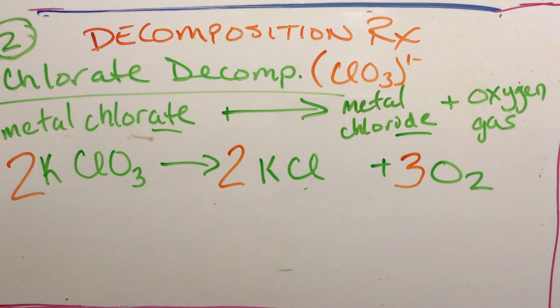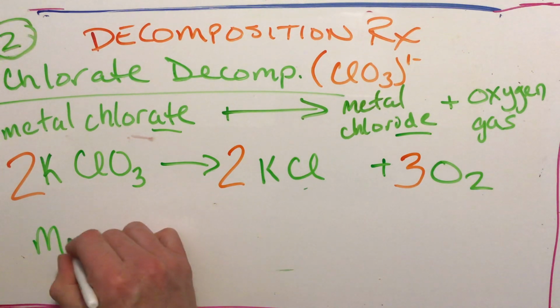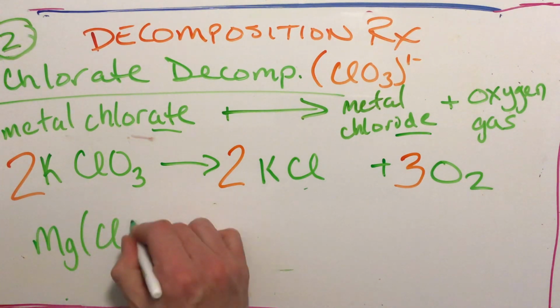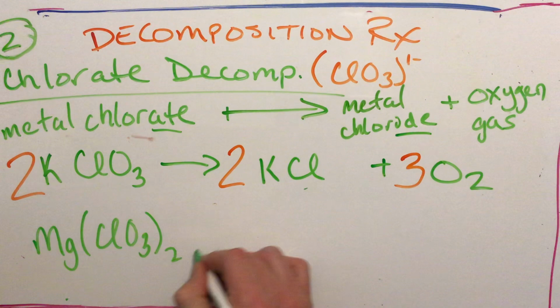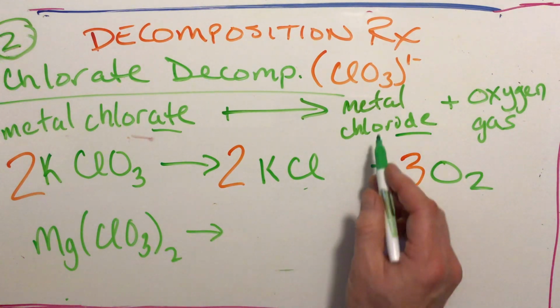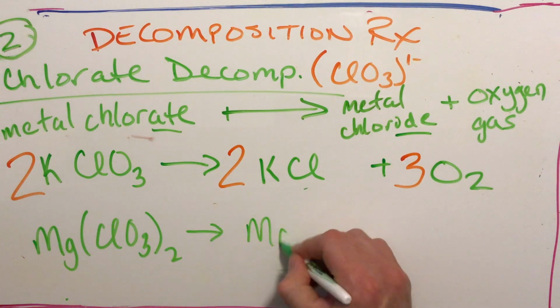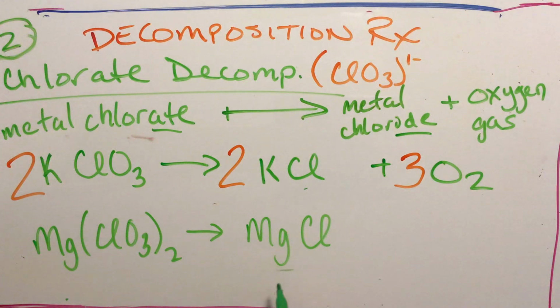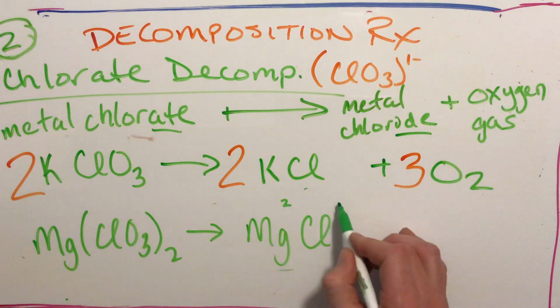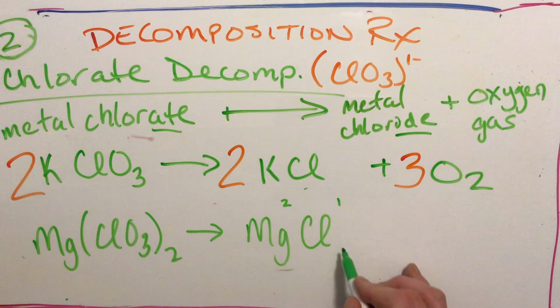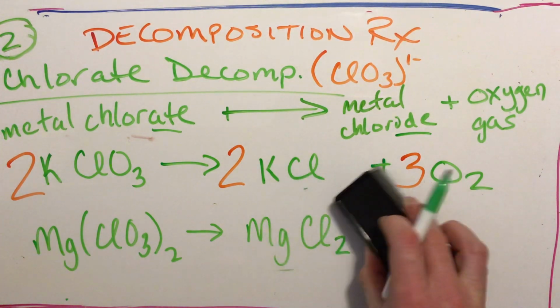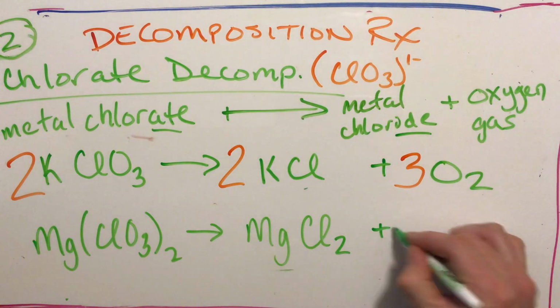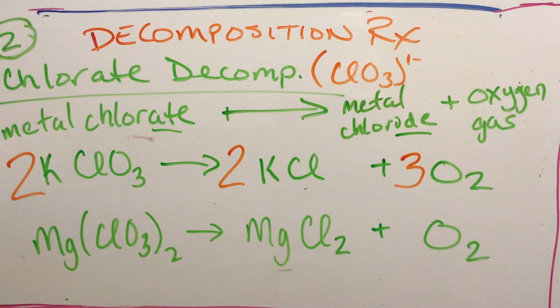Our next example, magnesium chlorate, and it's going to break down to a metal chloride, so my metal is magnesium. Chlorine, now this is a 2 and that's a 1, so that 2 is going to come down here, so magnesium chloride is MgCl2, and oxygen gas is still O2.